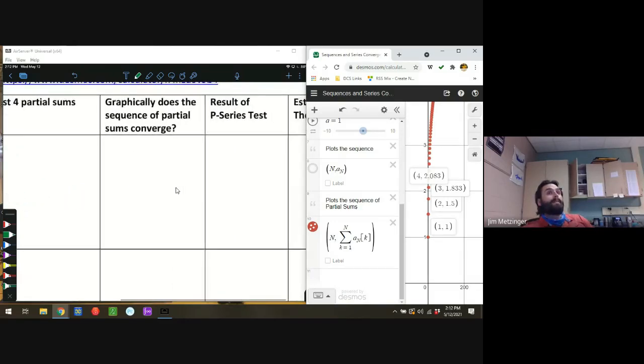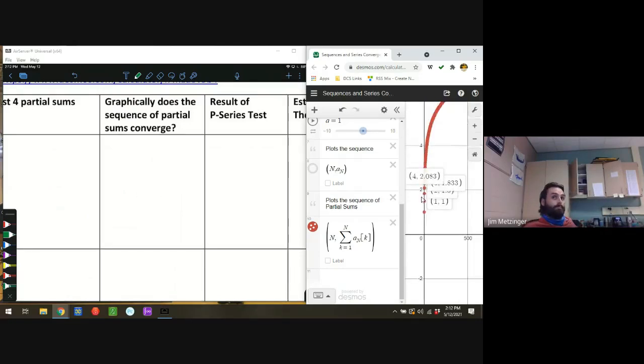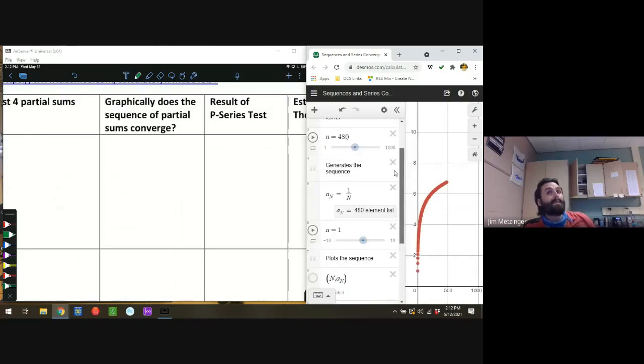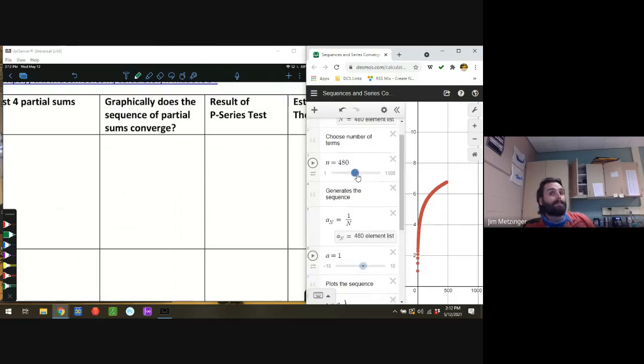So graphically, does the sequence of partial sums converge? Well, when in doubt, look at some more terms. My 700 is still running. So it's still rising. So we're going to say what? Diverges.